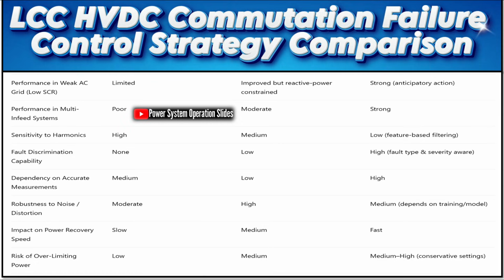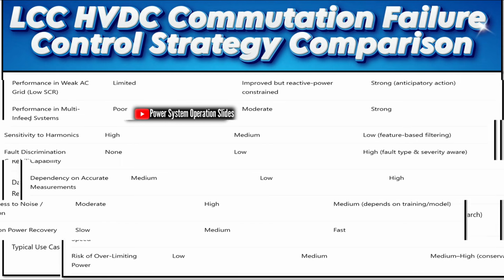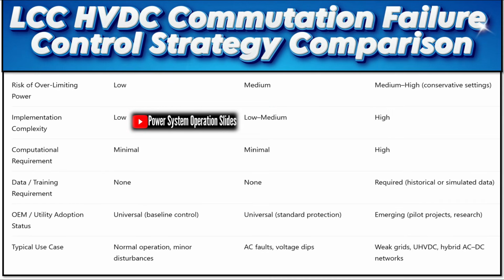Coordinating AC and DC system protection schemes is essential for preventing cascading commutation failures. Fast fault clearing on the AC side minimizes voltage depression duration and prevents propagation of disturbances. In multi-in-feed HVDC systems, coordinated power runback schemes systematically reduce power transmission during disturbances, preventing overloading of healthy converters.